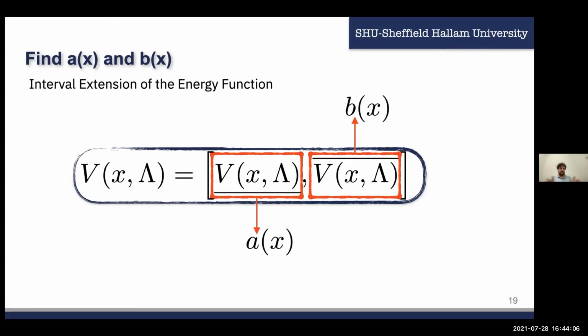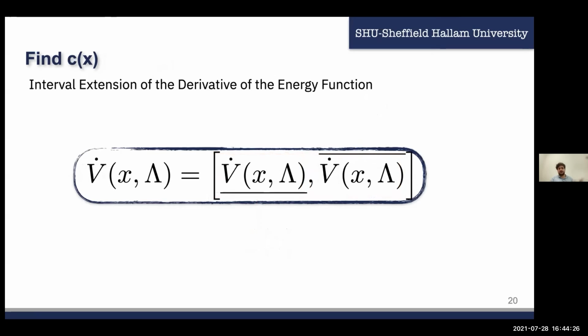By the fundamental theorem of interval arithmetic, we can prove that the inequality required for the uniform invariance principle will always be satisfied. And then we can find C of X. C of X is not actually used in our analysis, but is only used to prove our theorems, which I'm not going to prove here because I don't have time.